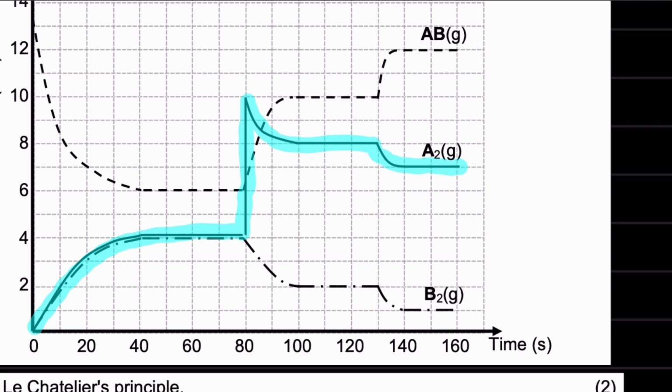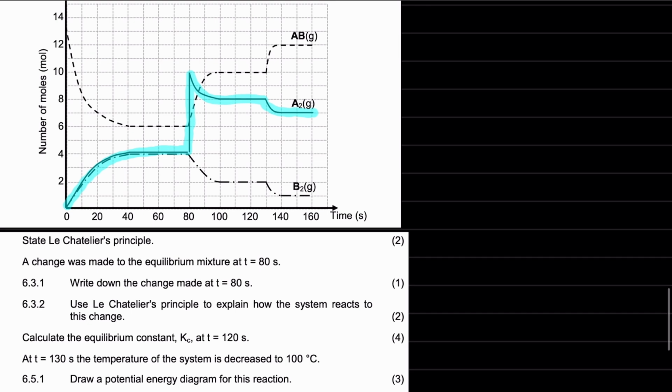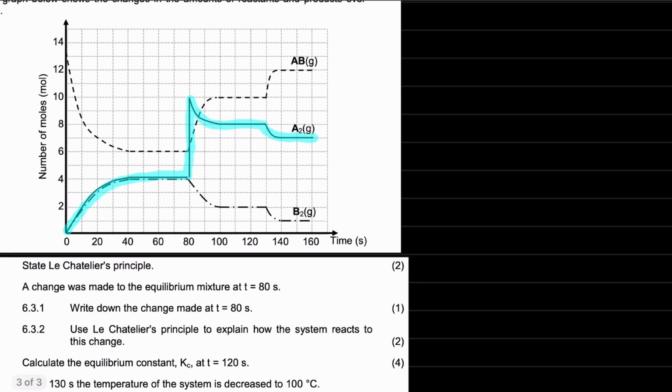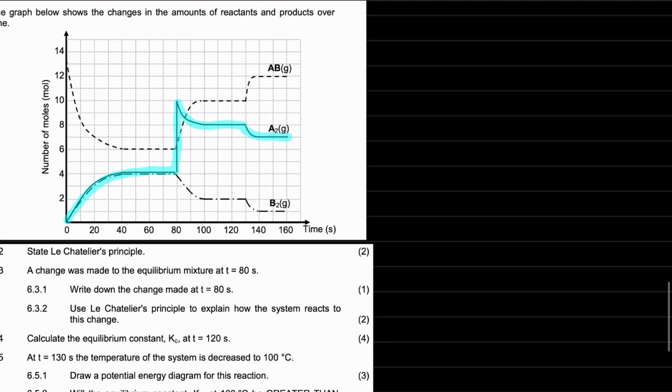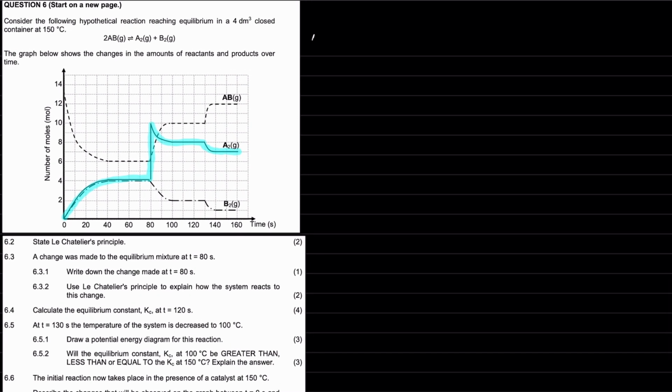Now they want to know, what is that change? Write down the change. So you can see at 80 seconds, there was a sharp spike in the number of moles of A2. And so that's our answer. So 6.3.1, what happened is that A2 was added.